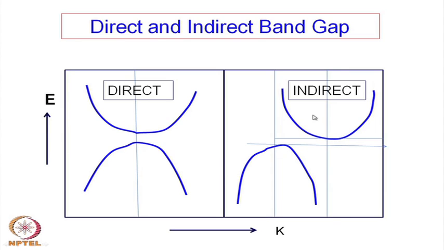This is what we call the indirect band gap, although the band gap here is not this, neither this. Okay. Band gap is the minimum gap between the maximum of this and the minimum of this, that is always the characteristic band gap of this material, whereas this is direct band gap.